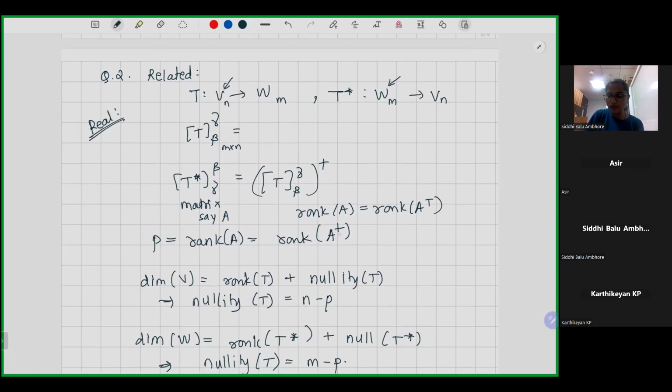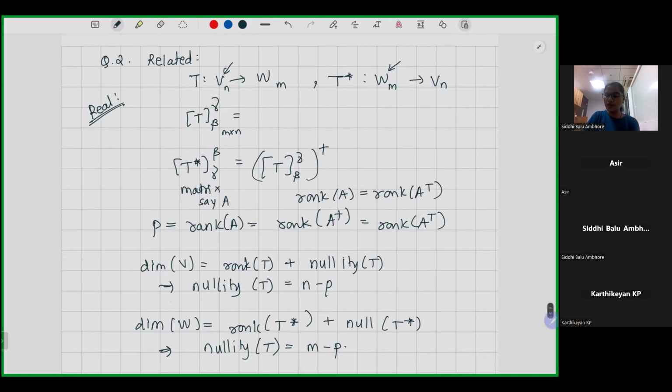Then rank of A will be rank of A dagger, which is essentially rank of A transpose. And even in the complex case, the rank remains the same for a dagger. So that's why I'm saying the ranks are equal. We are using the matrix property that rank of A is equal to rank of A transpose to conclude this.